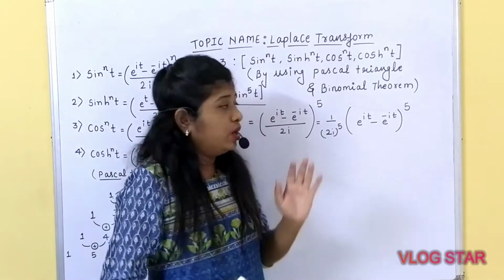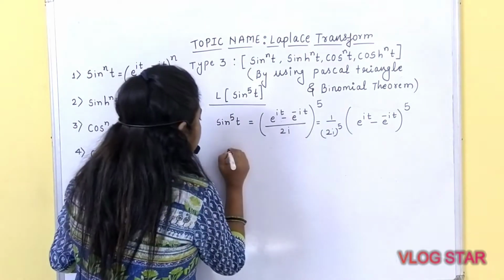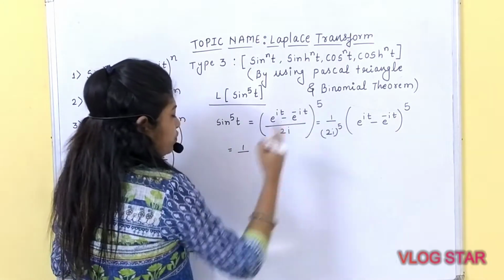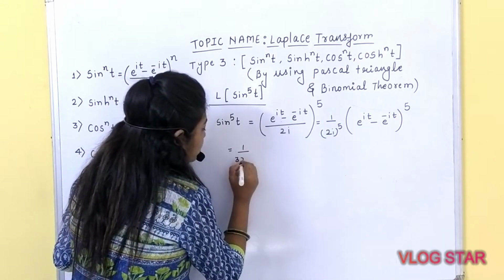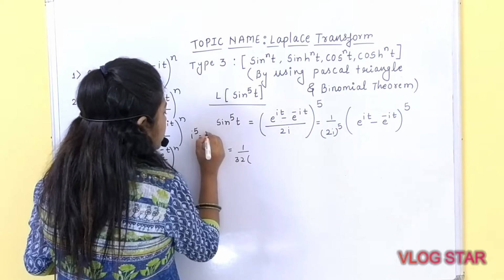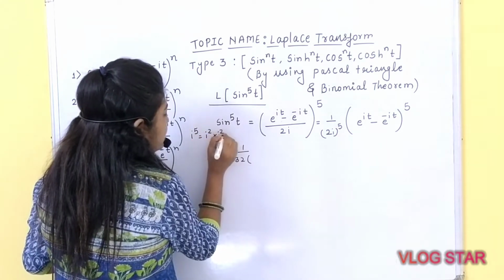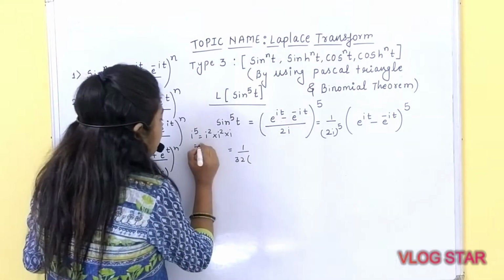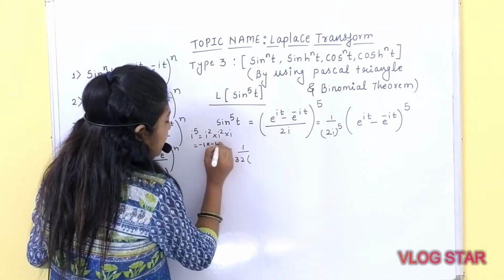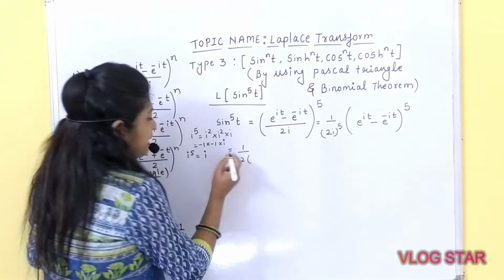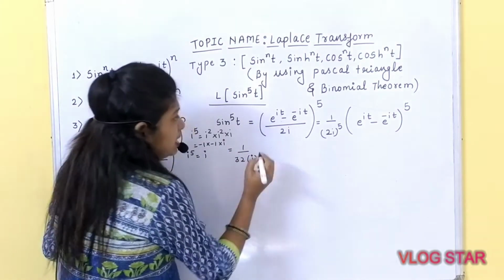In this case, what is (2i) raised to 5? 2 raised to 5 is equal to 32, and i raised to 5 is i square into i square into i, where i square is equal to minus 1, so i raised to 5 is nothing but equal to i.